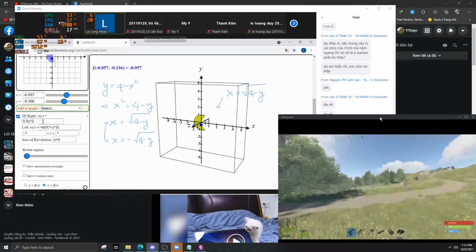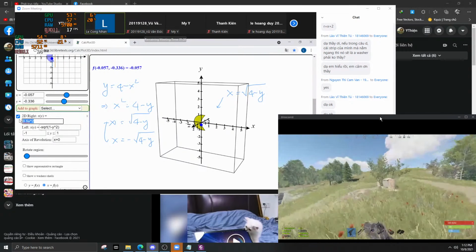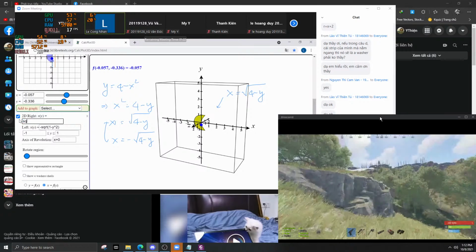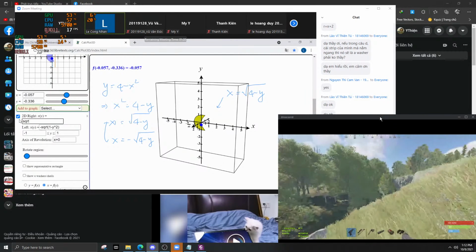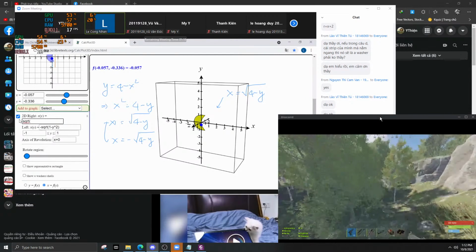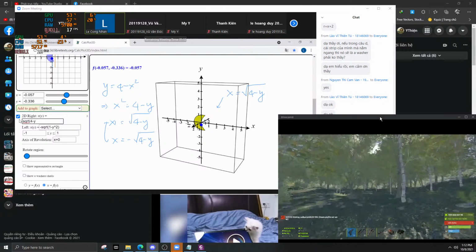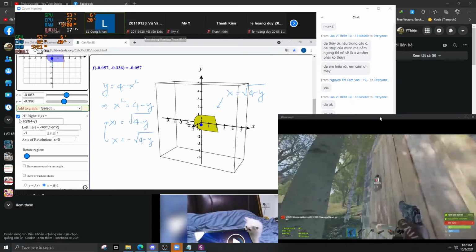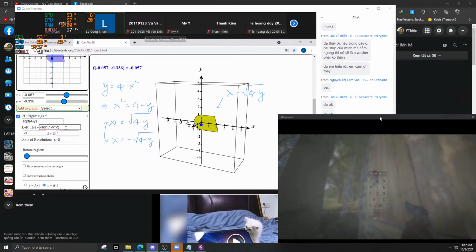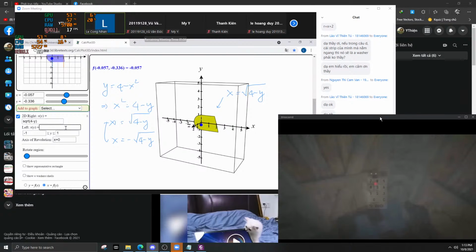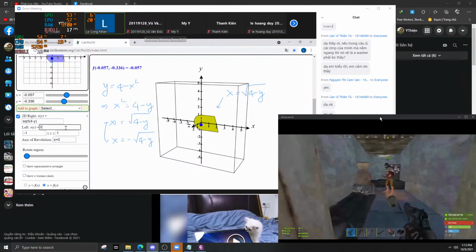The right curve is the square root of 4 minus y, and the left curve is the y-axis, so x equals 0.